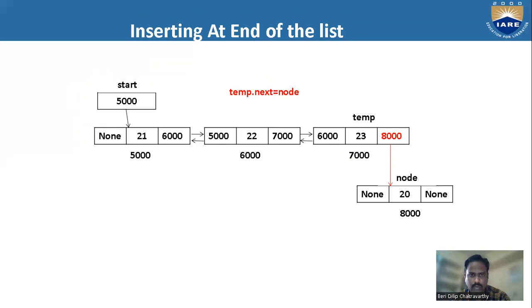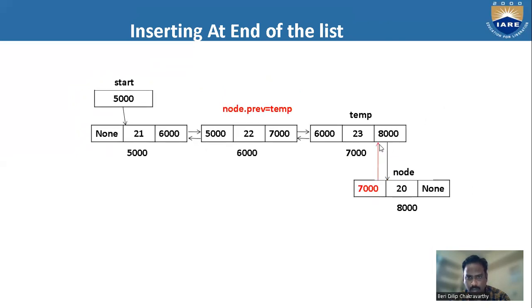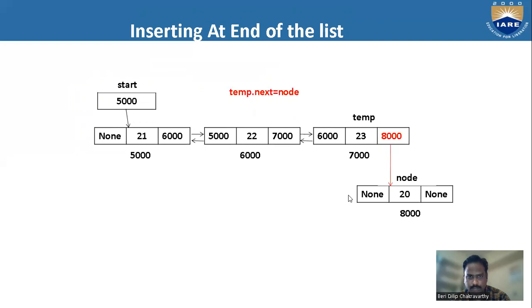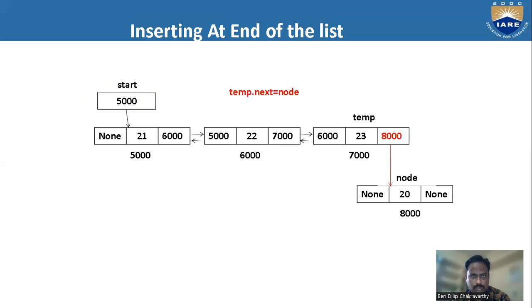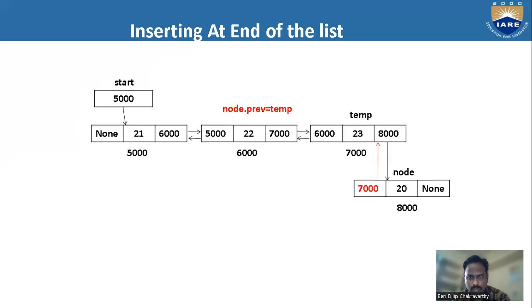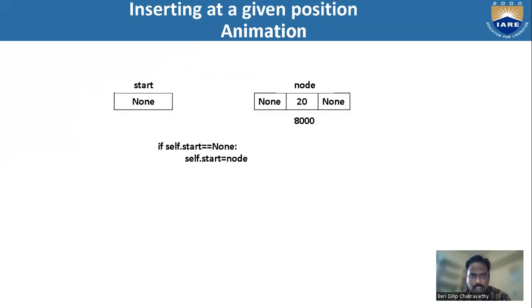Now coming to the third one. Observe here, I have given 7000 like this. Now, insertion at a given position. So now I am trying to insert an element at some position.